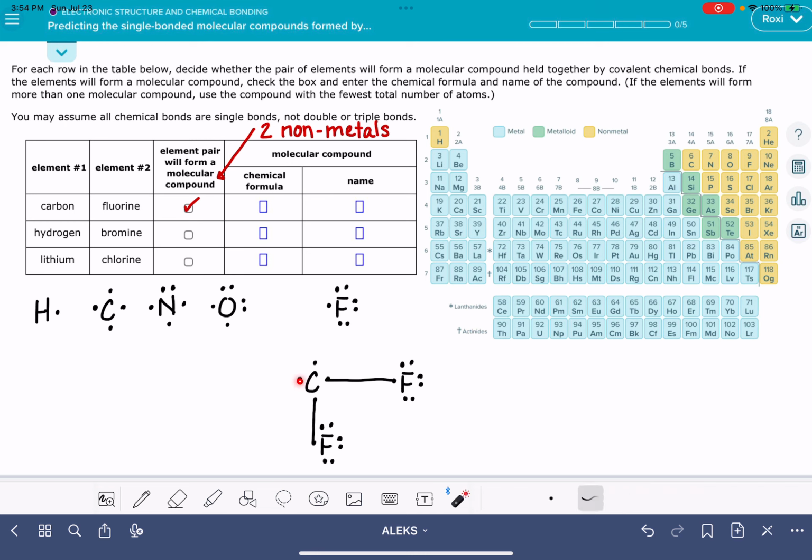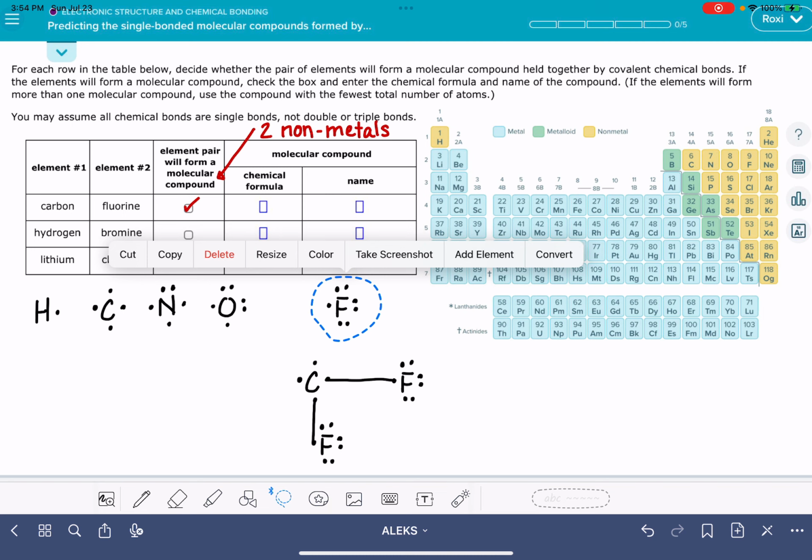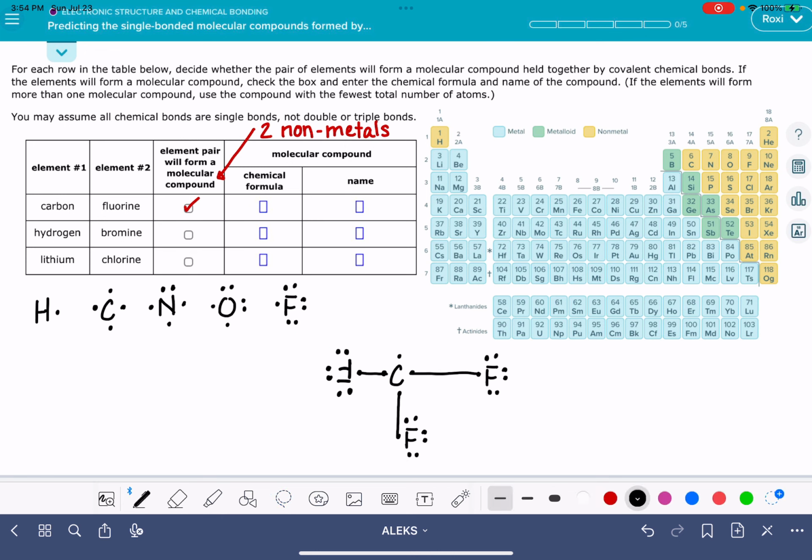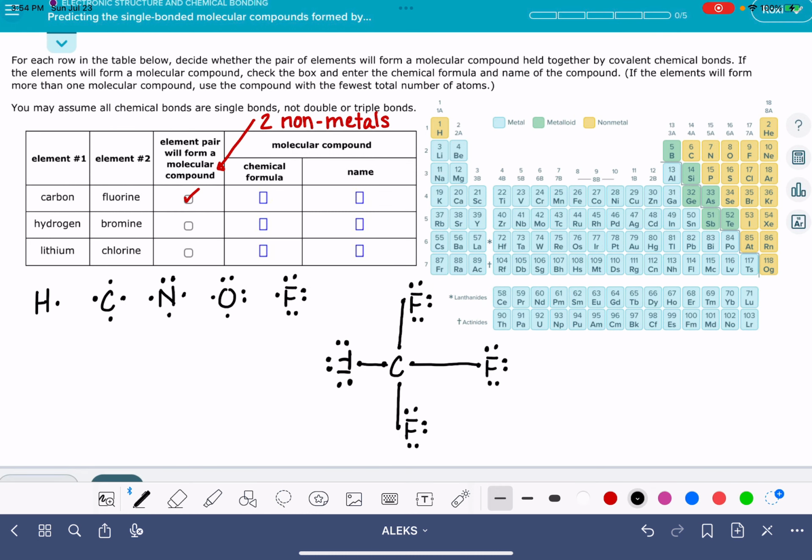I've got 2 more unpaired electrons on the carbon, which means that I'm going to need 2 more fluorines. So let me get another one right here. I'm actually just going to turn it upside down so that I can line it up a little better. I am really running out of room for this really ugly Lewis structure. So I'm going to stick another fluorine right there, and we're going to form another bond between those unpaired electrons.